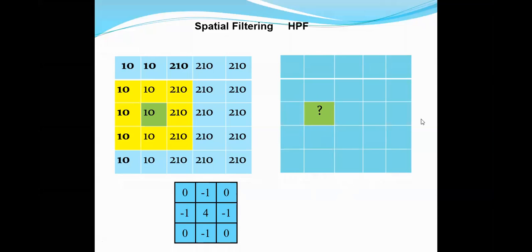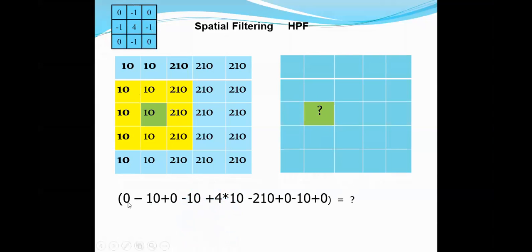Very good, Mehak, your answer is correct. If we apply this mask on this 3 by 3 neighborhood, these are the product terms. We add all these 9 product terms and we get the result. Yes, Sai, your answer is correct. Soumya, you have made some mistake.